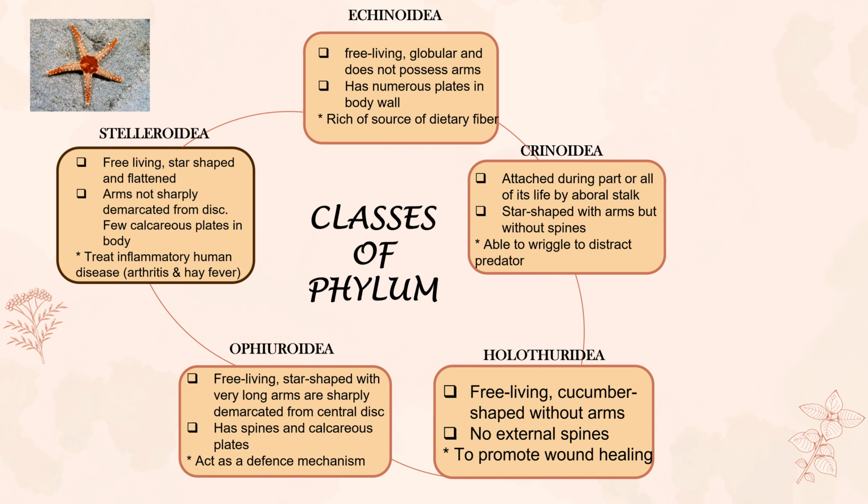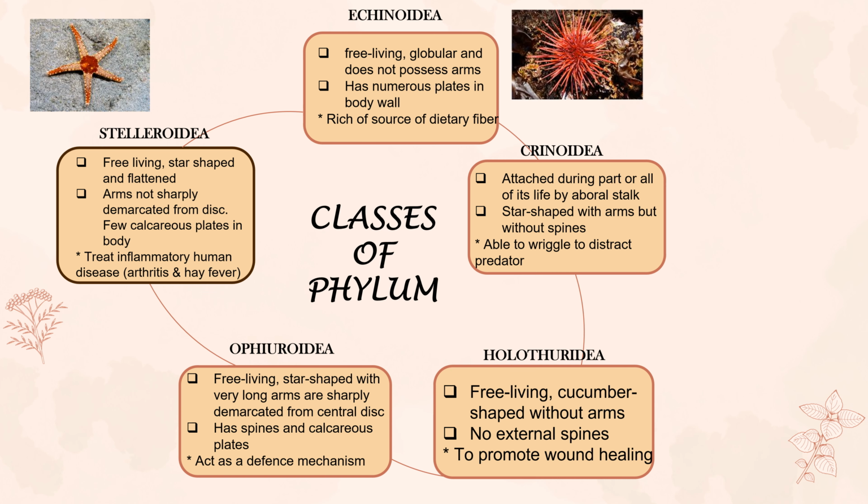One application is that they can treat inflammatory human diseases like arthritis and hay fever. The second one is Echinoidea, which means sea urchin. They are free living, globular, and do not possess arms. They also have numerous plates in the body wall, and they are a rich source of dietary fiber.